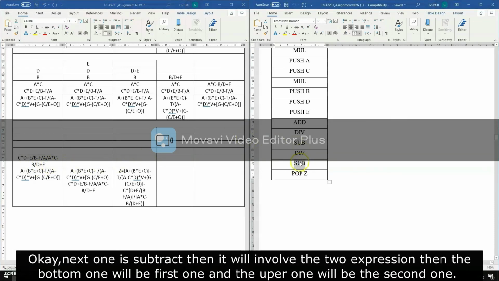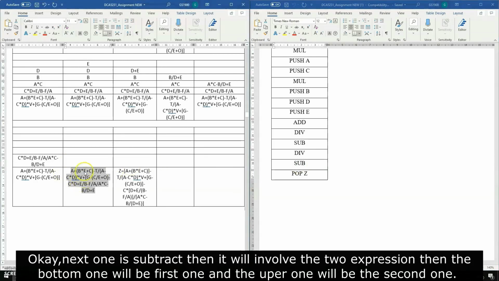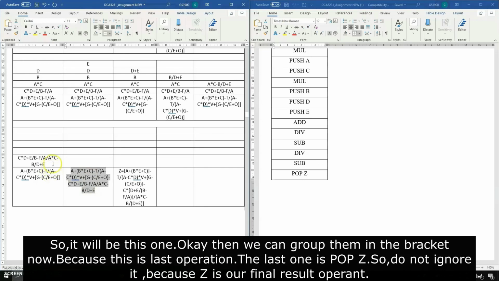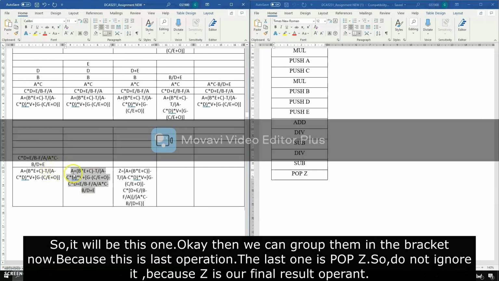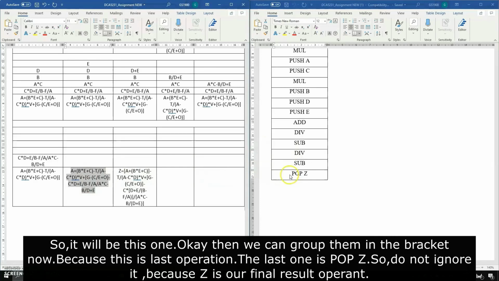Okay, next one is subtract. Then it will involve the two expressions. Then the bottom one will be the first one, then the upper one will be the second one. So it will be this one. Okay, then we can group them in the bracket now, because this is the last operation.